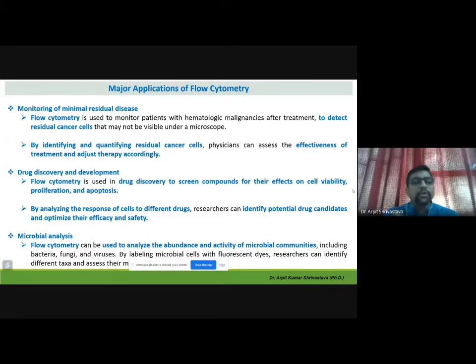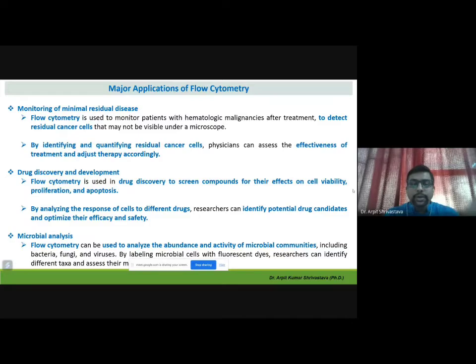The next is microbial analysis, which is also very important. As we saw in the COVID-19 pandemic, COVID-19 was present everywhere. It is not possible to set up a lab everywhere and do analysis for each and every sample. But with flow cytometry, you can do analysis for different samples using microfluidics, lab on chip. It has also been developed recently by researchers.